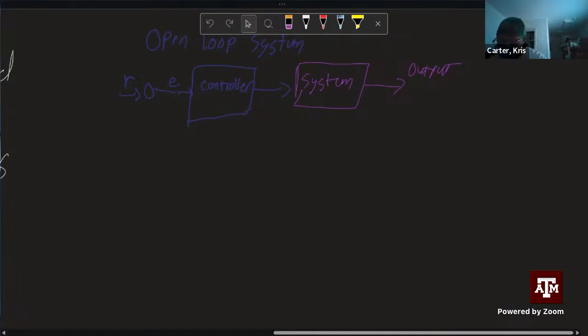Okay, so that's the first basics of control systems.